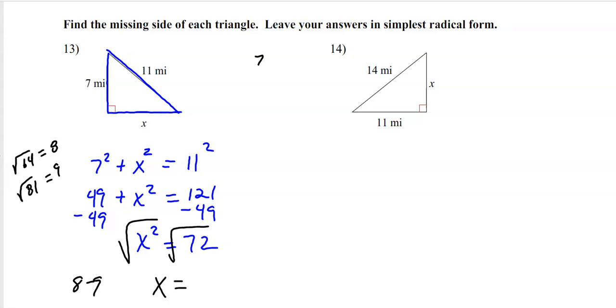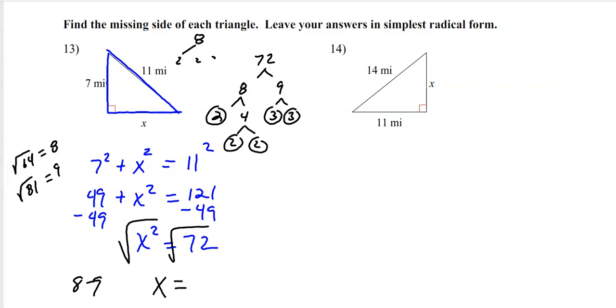So now we're going to do that little factor tree game. So I'm going to break this down. I think of 8 times 9 when I do this one, which is 3 and 3, and 2 and 4, 2 and 2. I know some people that do 8 so much that they basically just go 2, 2, 2, and they kind of know that's what it's going to look like.